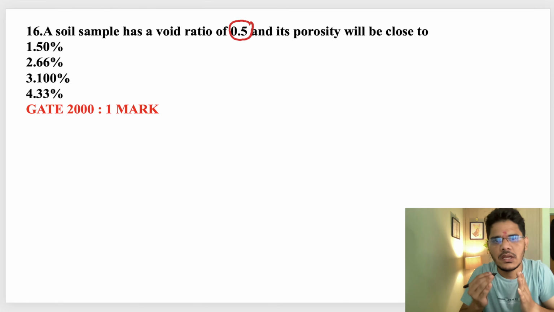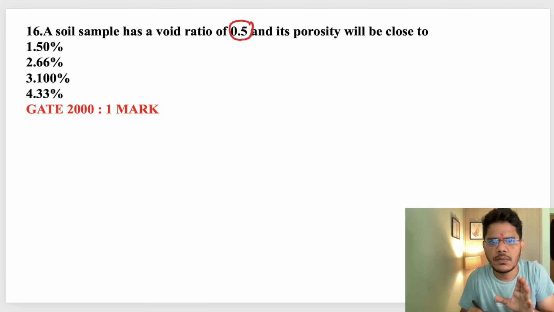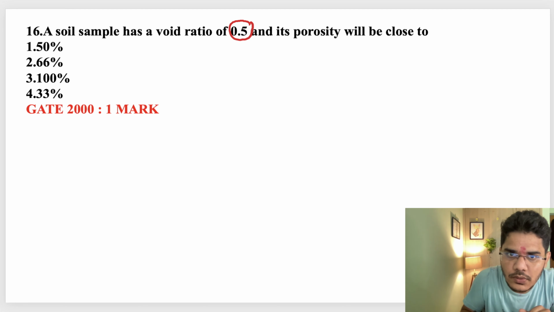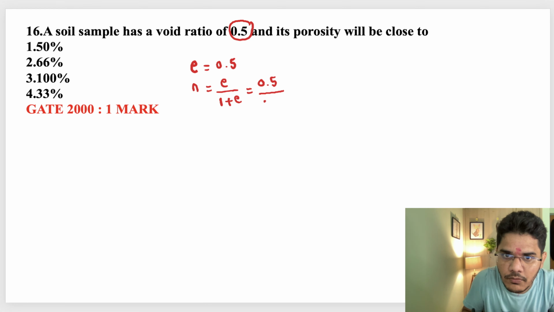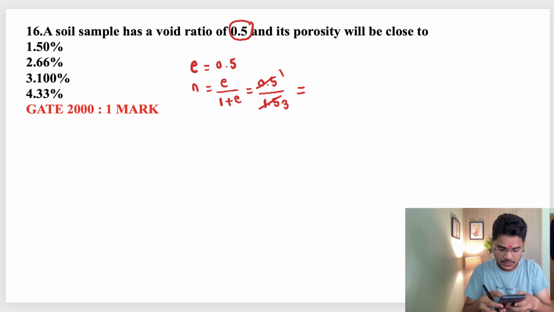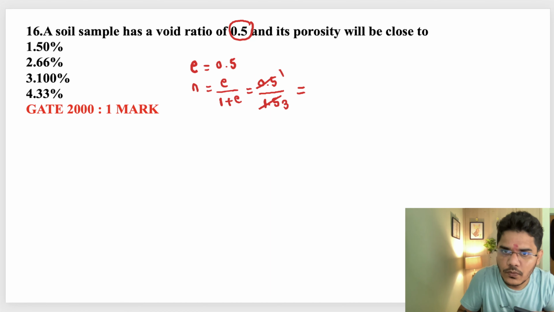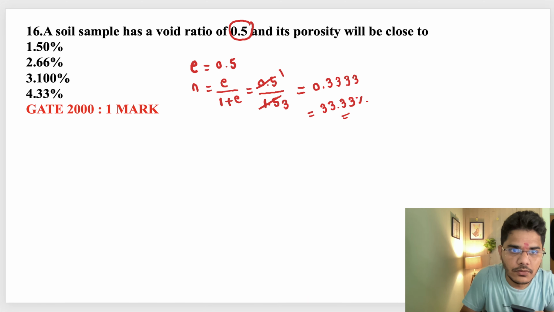This question has been asked many times, the same formula, only the numericals are changed. e is equal to 0.5, then porosity n is equal to e by 1 plus e, so 0.5 divided by 1.5, which is nothing but 1 by 3, 0.3333 or 33.33%. So option 4 will be correct.